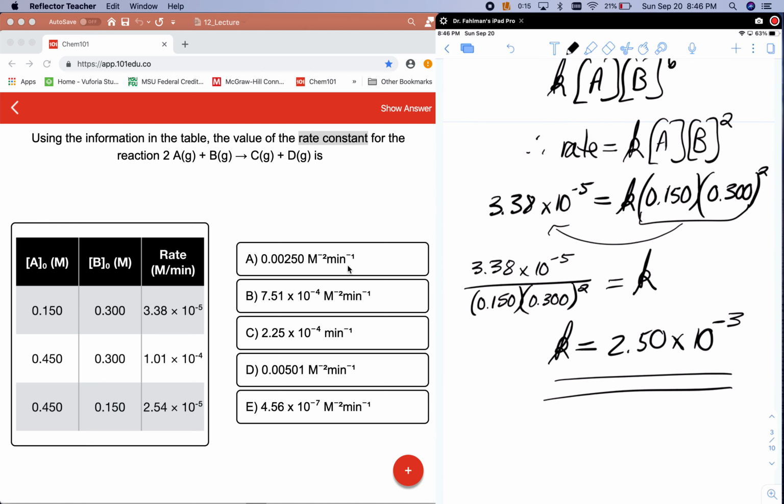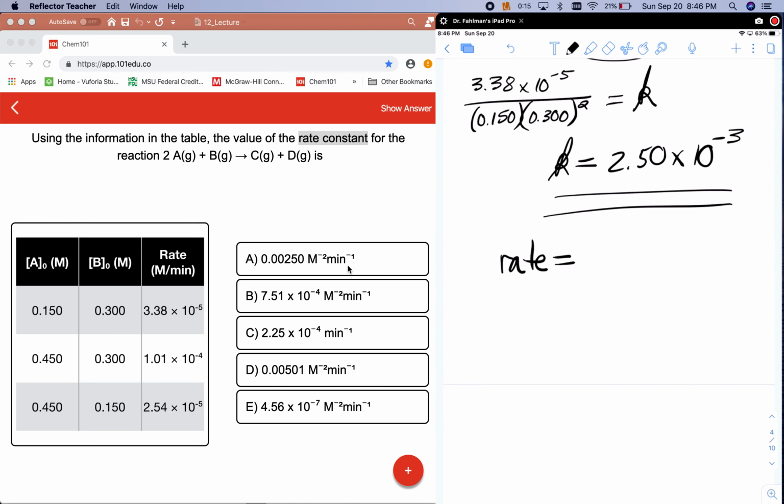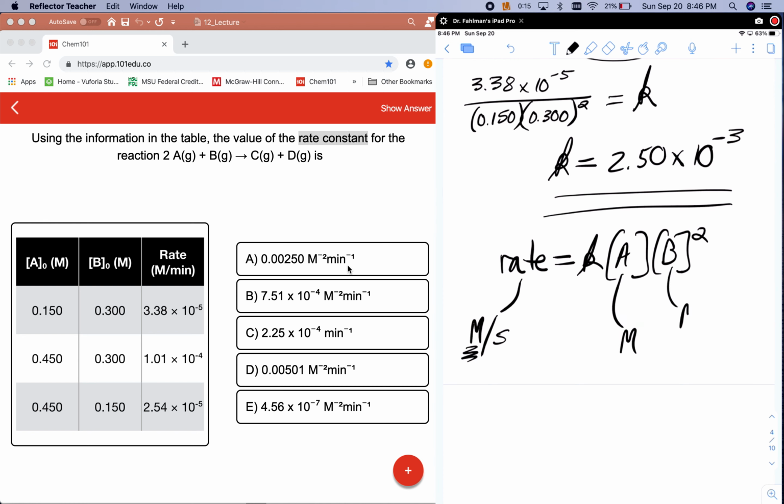If I rewrite the rate law here for this particular reaction, the rate is always going to be in units of concentration, so that's moles per liter per second. And anything in brackets is just going to be a concentration.